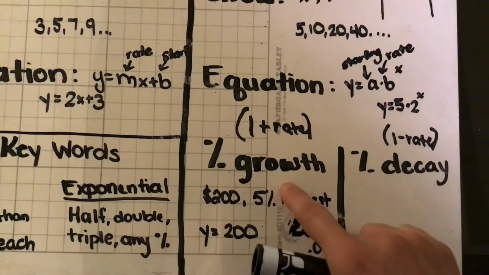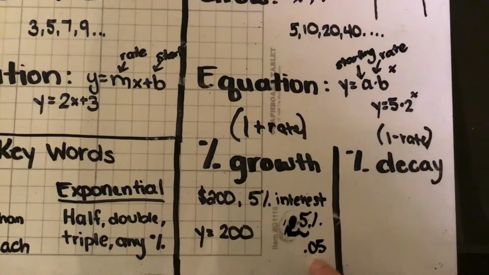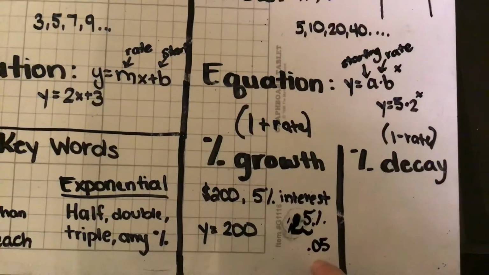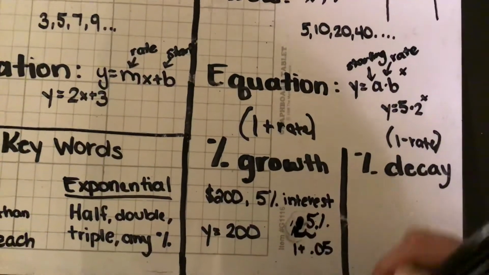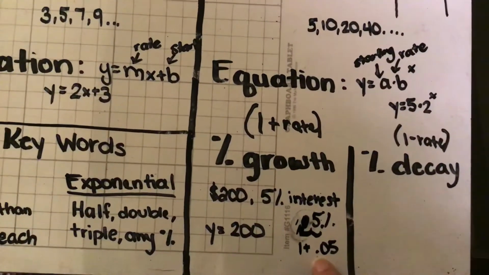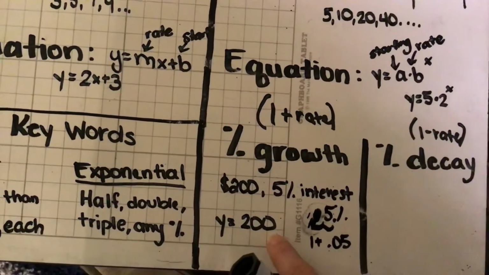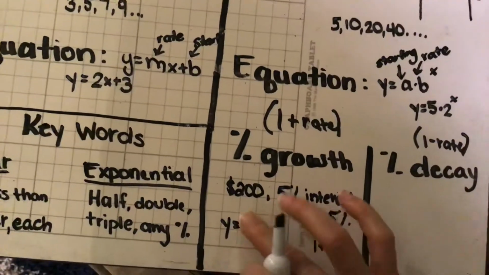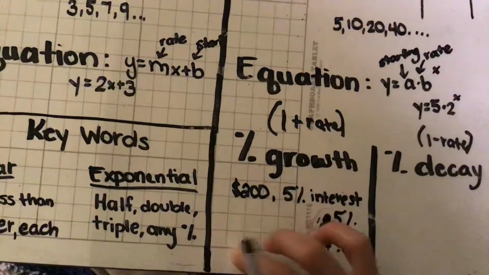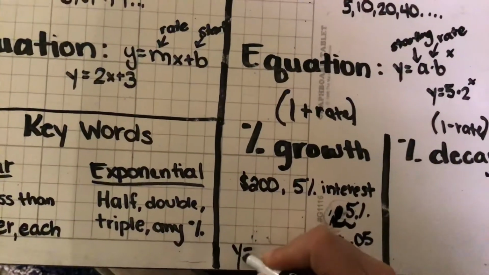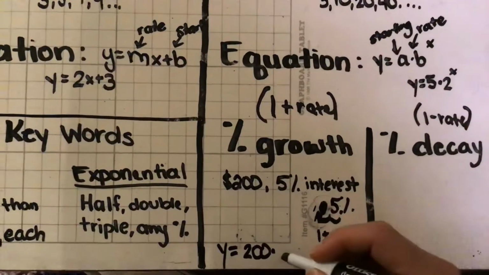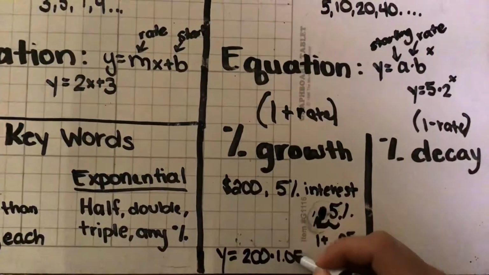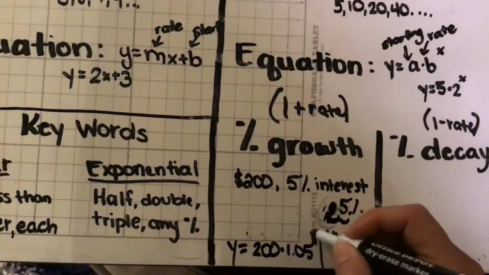But know that this is growth, and the rate has to be bigger than 1 in order to be growth. So I'm going to add a 1 to it. So 1 plus 0.05 is my new growth rate. In which case, I can just fit that in here. So I'm going to have y equals 200 times 1.05 to the x power. That becomes my new equation.